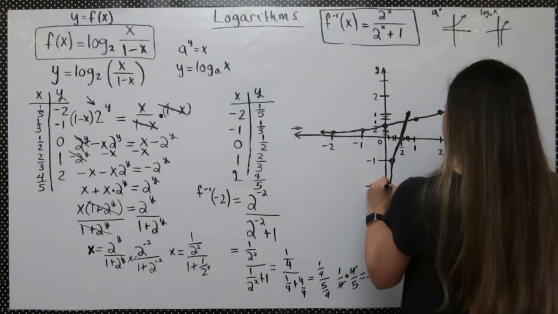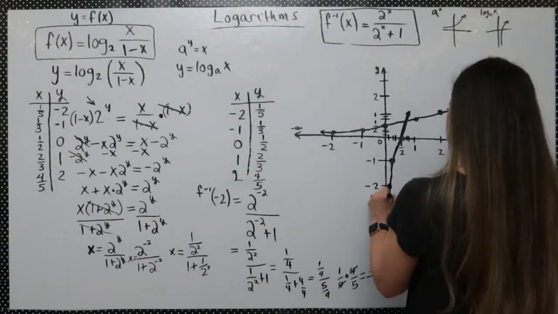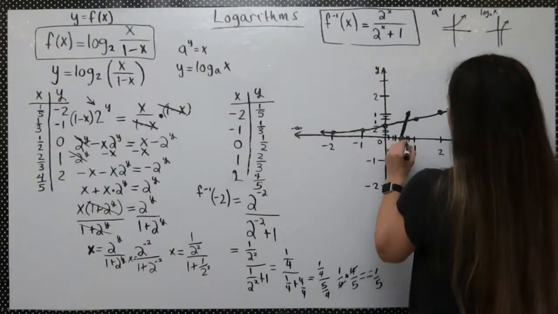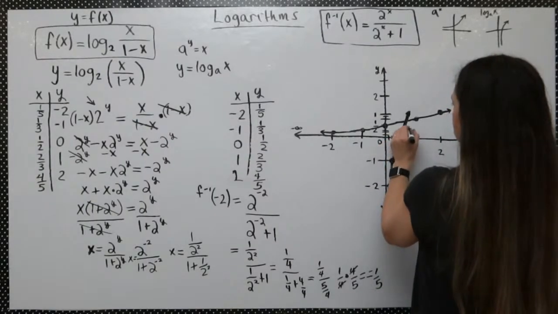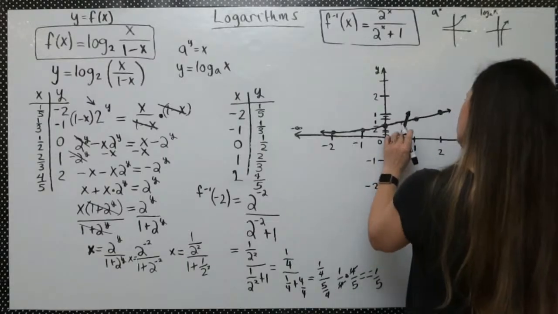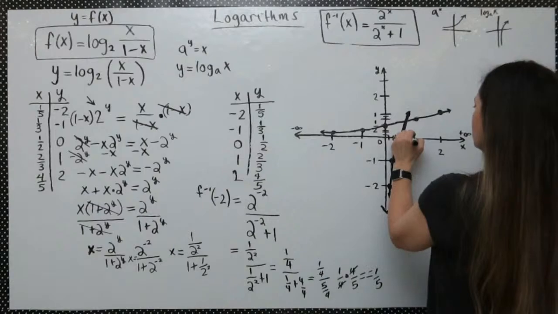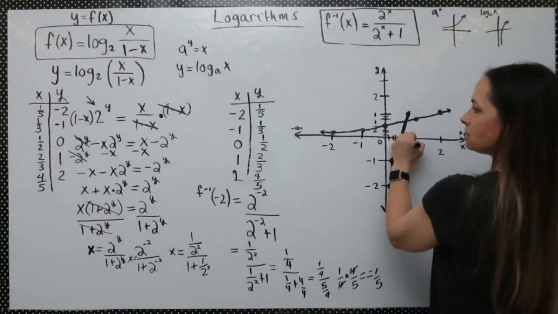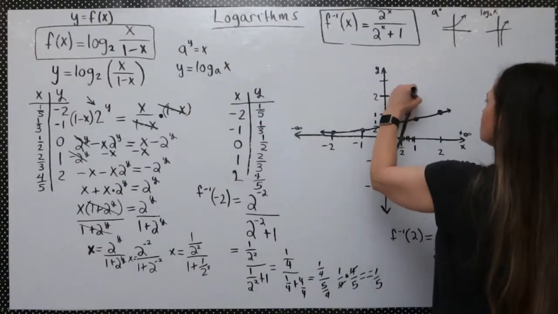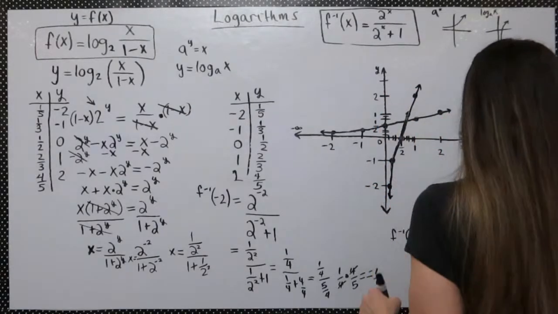So here we go. We're getting real close to that y-axis and we're not going to touch it. So that's probably still an asymptote. And then it was 1/2. And then at 4/5, which is almost to 1, we're at 2. So we know that that's there. All right, so there's a little bit more of the graph.